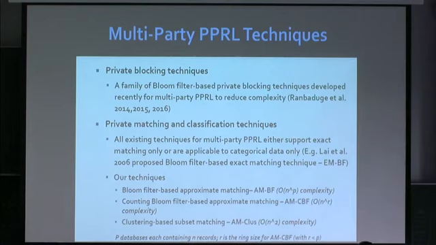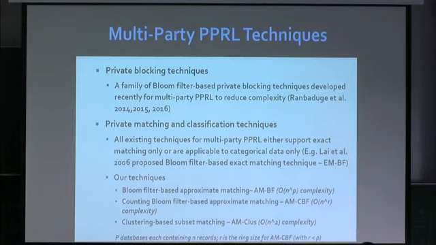Since approximate matching of string data is commonly required for privacy preserving linking of population databases, for example when we need to link using names and addresses, we aim to develop advanced techniques for approximate matching in multi-party privacy preserving record linkage.